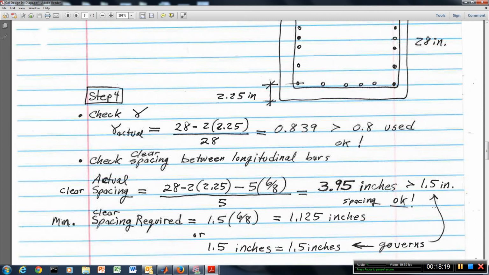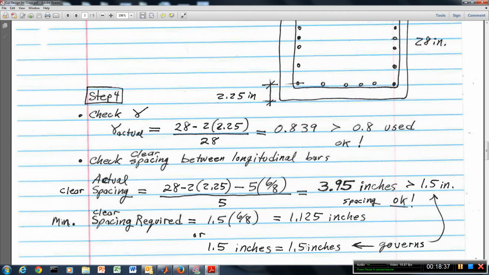And the ACI code requires a clear spacing of 1.5 times the bar diameter, which is 1.125 inches, or 1.5 inches.